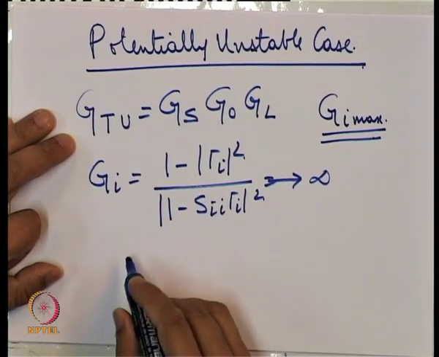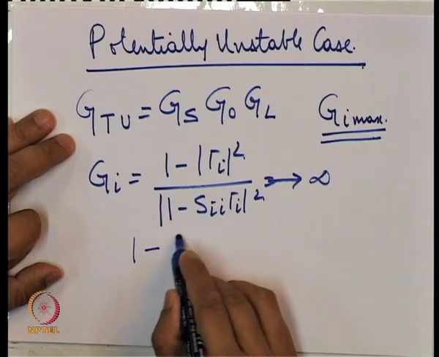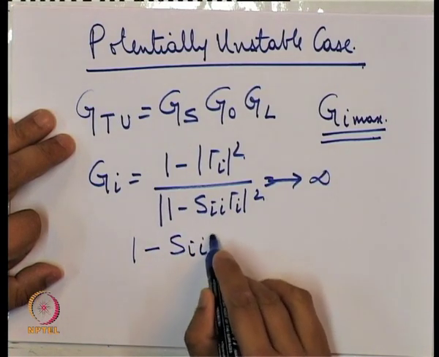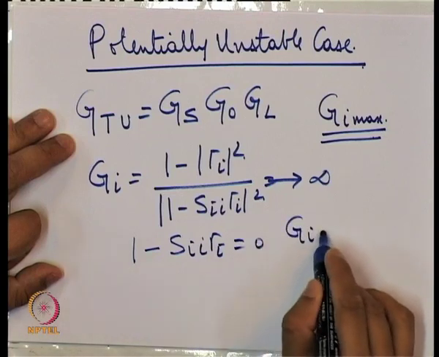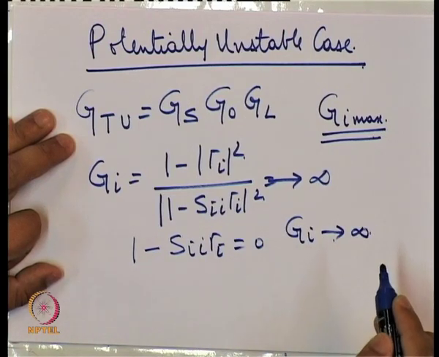Now, this happens when 1 minus Sii gamma I becomes equal to 0, then Gi will tend to infinity.